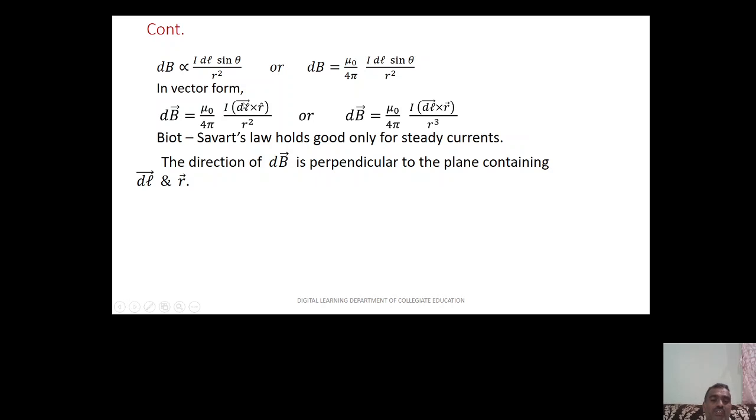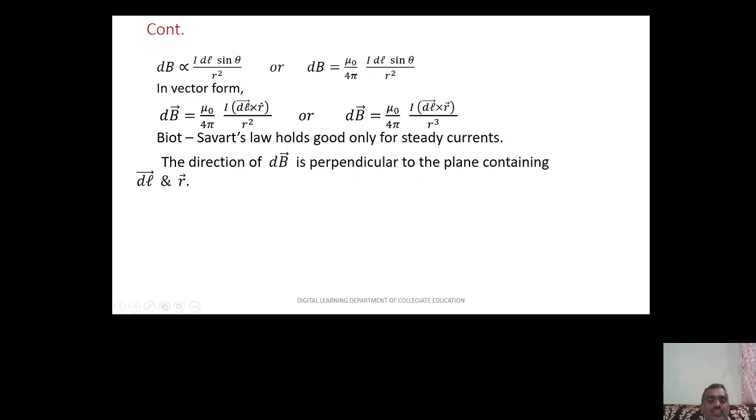In vector form, this can be written as dB vector is equal to mu naught by 4 pi I into dl vector cross r cap divided by r square, where r cap is the unit vector, given as r cap is equal to vector r divided by r.